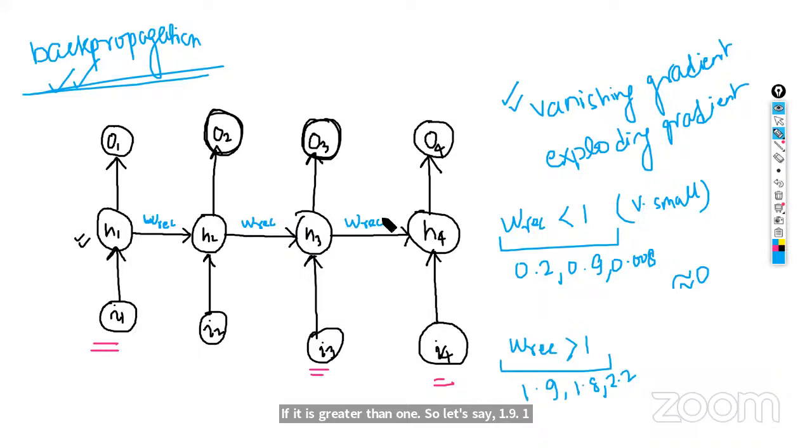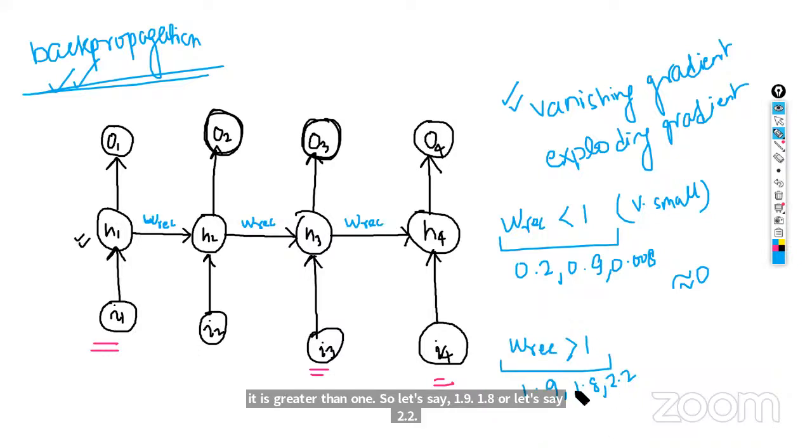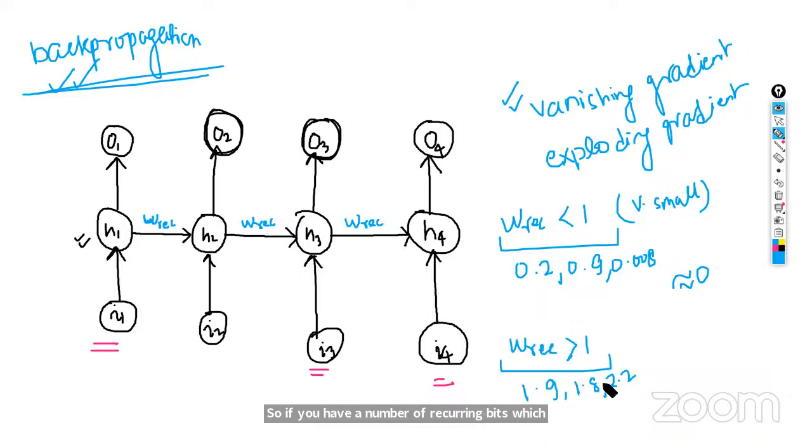If you have a number of recurring weights greater than 1 and you multiply all of these values, ultimately the weight value will be very, very large. So probably you are not landing on the optimum value, and it will take an ample amount of time to converge. That particular issue we call an exploding gradient.